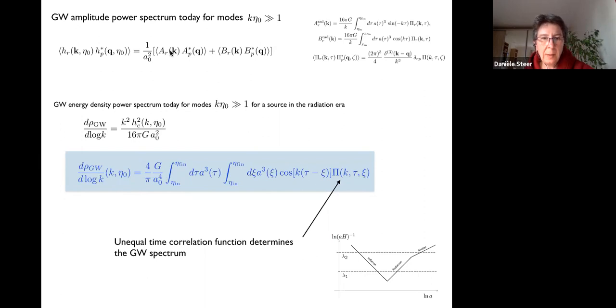So what happens is, if you substitute the A's, you see that you have two integrals. There's an integral which I'm writing as d tau times a cubed here. The second term has a d psi times a cubed. Then this will be multiplied by a factor of sine k tau times sine k psi from the second integral, so a product of sines times the anisotropic stress pi squared.